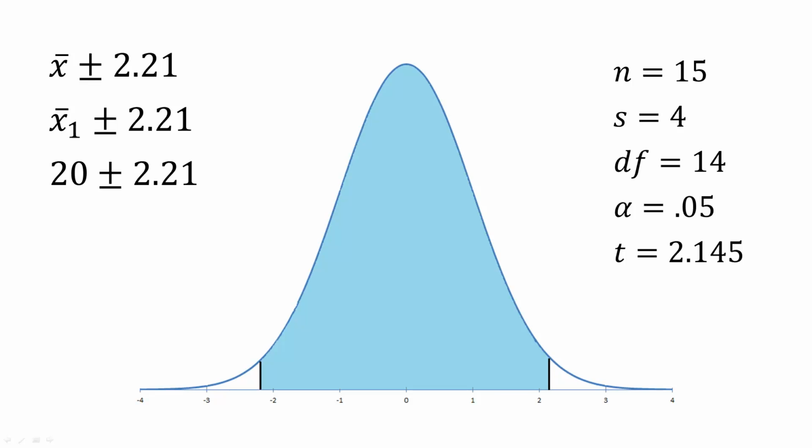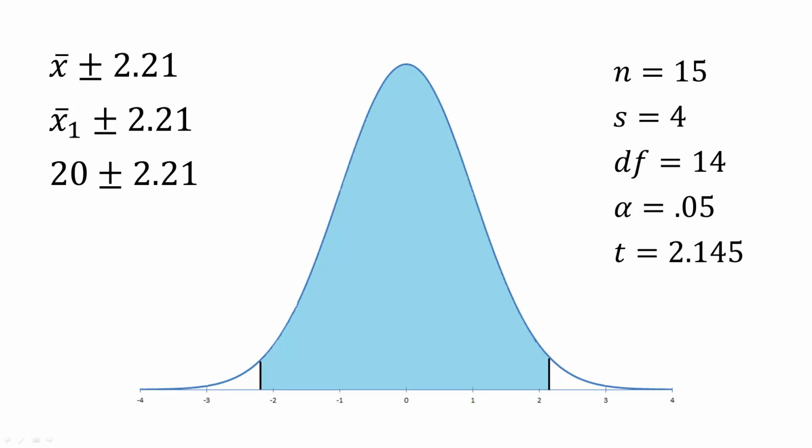So what we're saying here is that even though the alpha level is the same, because we are using the sample standard deviation, we therefore have to use the t distribution. In the t distribution, there will be a curve for each sample size. So for a sample size of 15 and degrees of freedom of 14, the t value is 2.145.